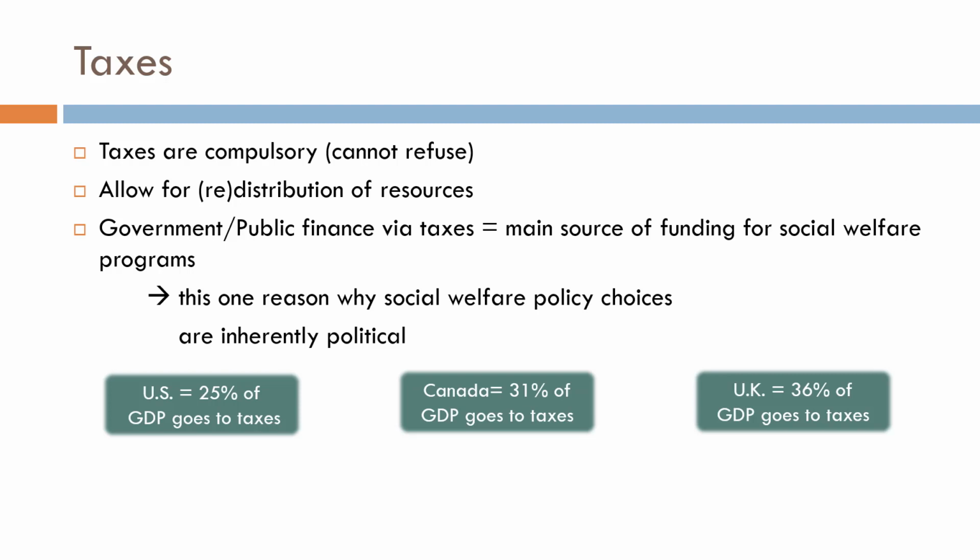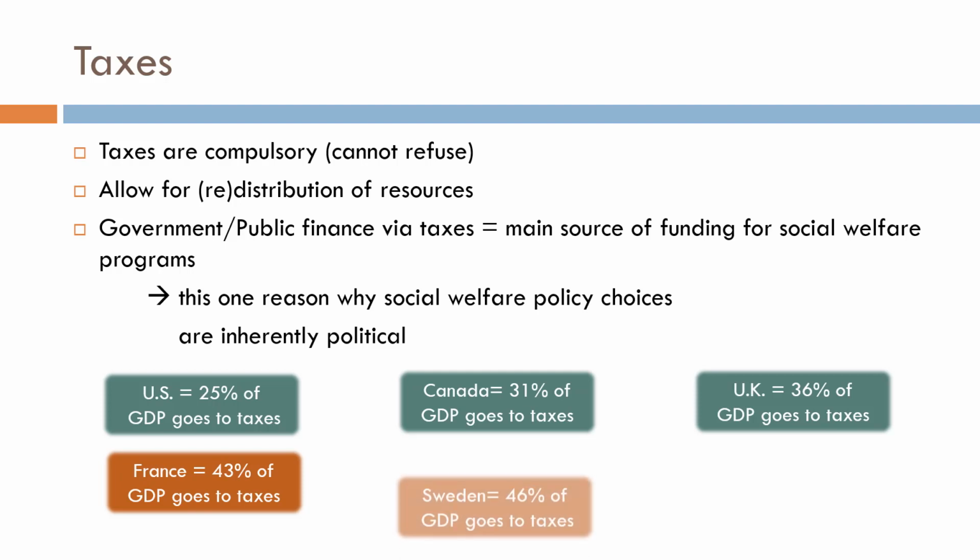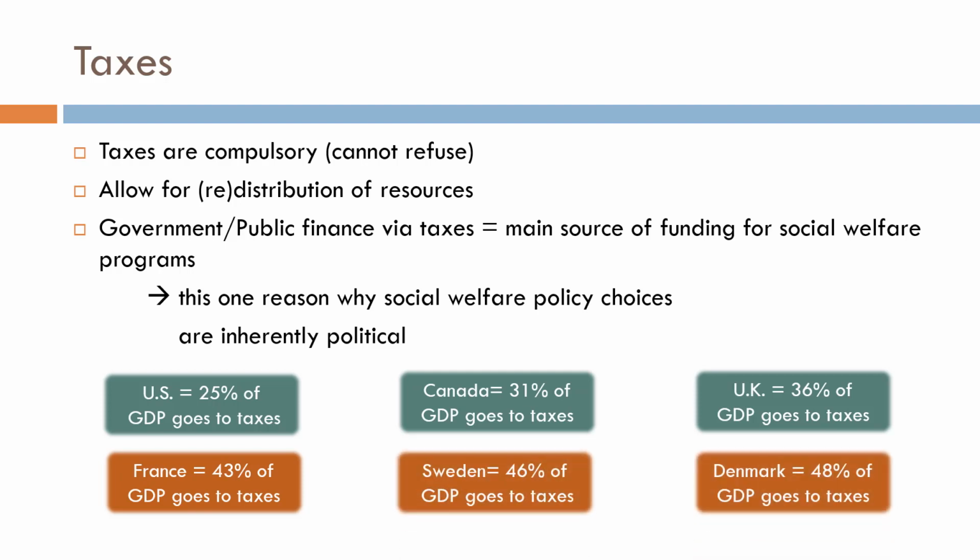Now, when we compare these figures to countries that spend more on social welfare programs, then we can see a large difference in the taxes that get paid. Like France, for example, 43% of their GDP goes to taxes. And then if we compare socially democratic countries, it's even bigger. So 46% for Sweden and 48% for Denmark. So it's really interesting to compare 25% versus 48% in terms of the US and Denmark, respectively.